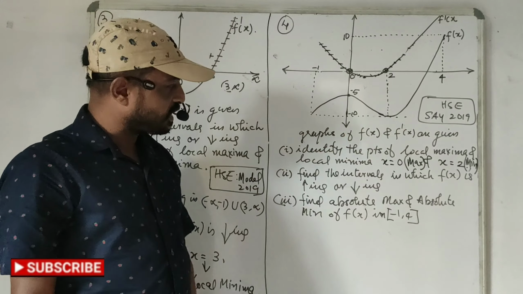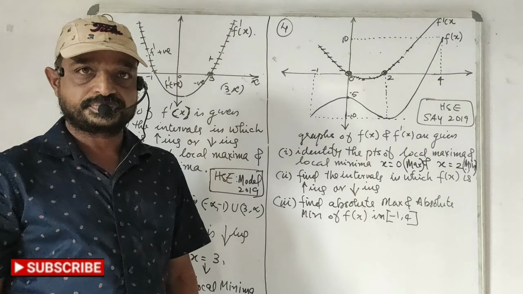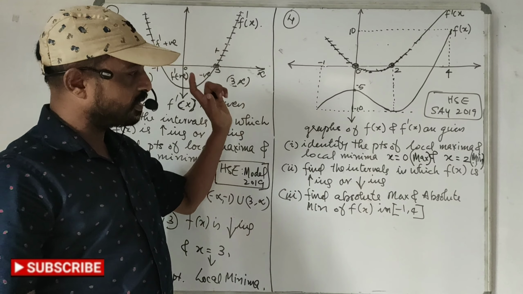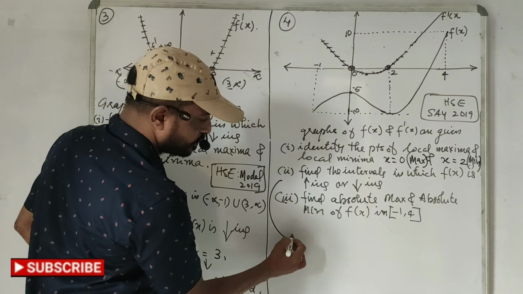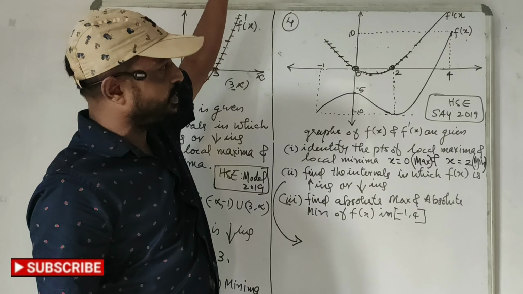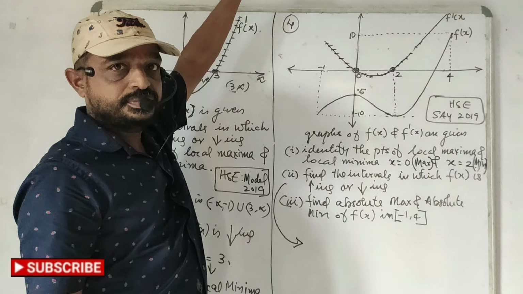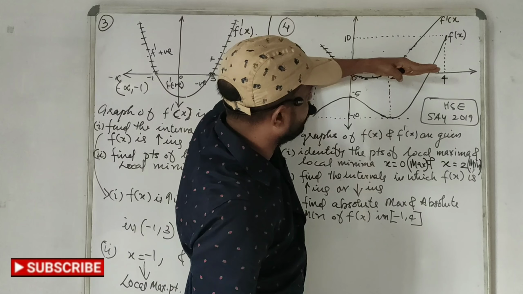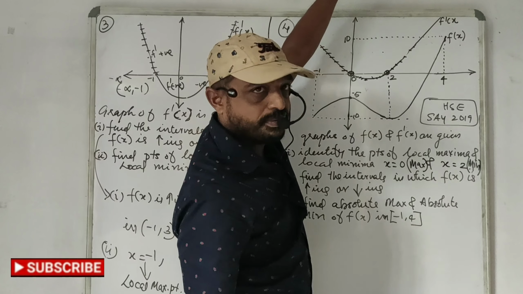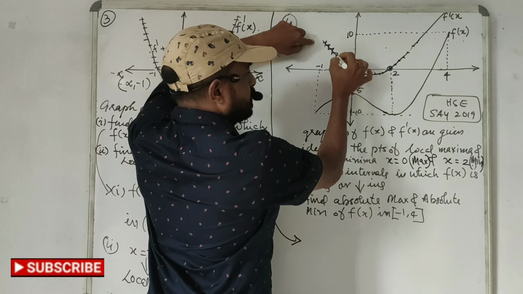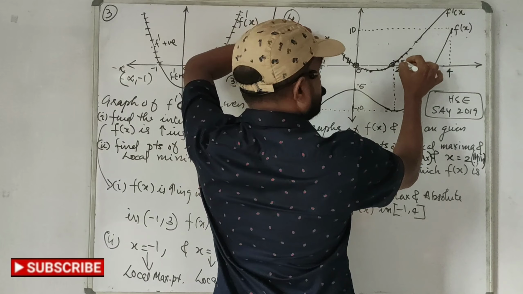Find the intervals in which f of x is increasing or decreasing. See, if f of x is increasing, what is f dash of x? If f of x is increasing, f dash of x will be greater than 0. So f dash of x greater than 0 means the graph of f dash of x will be above the x axis. So the graph of f dash of x is above the x axis in this region and also in this region.